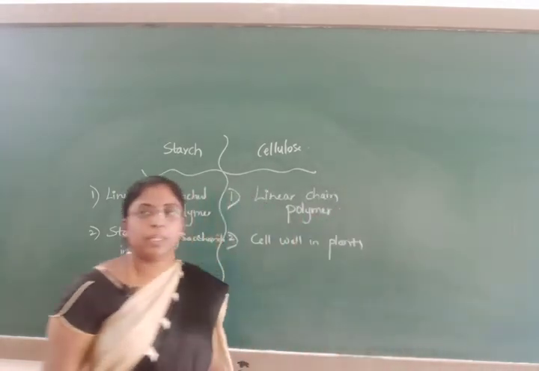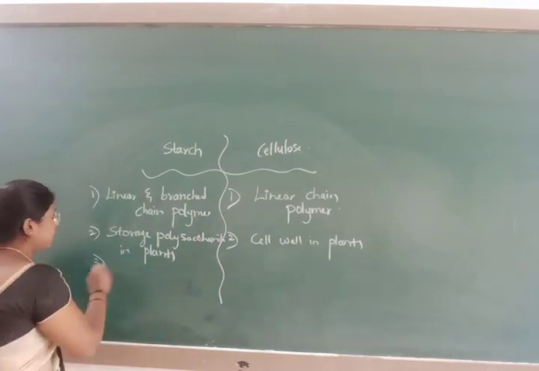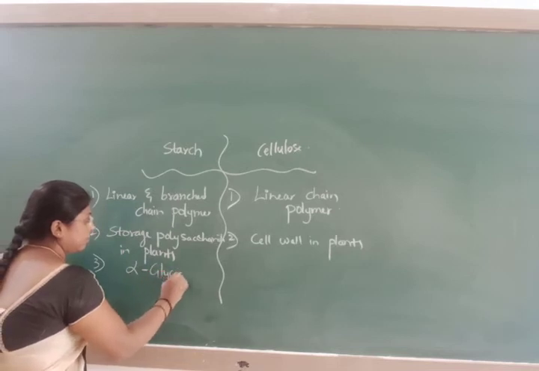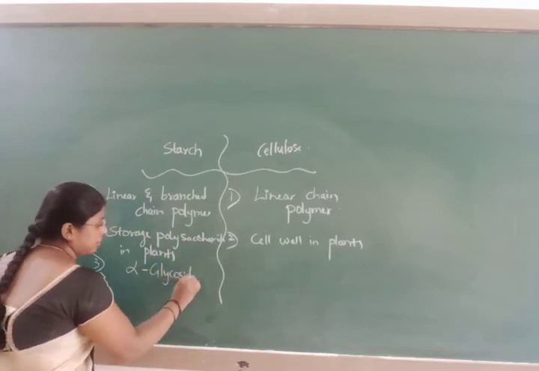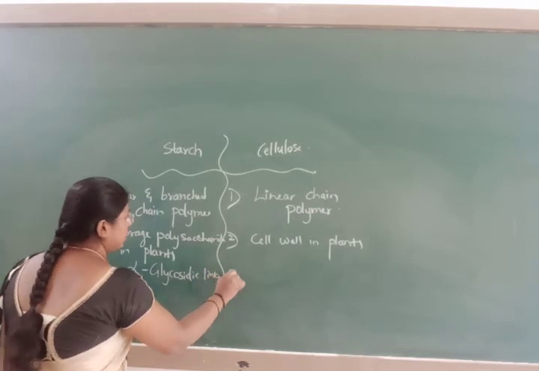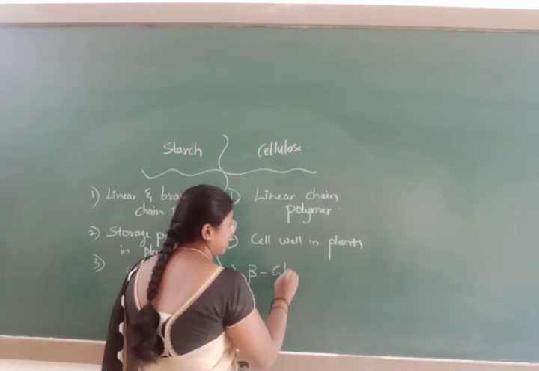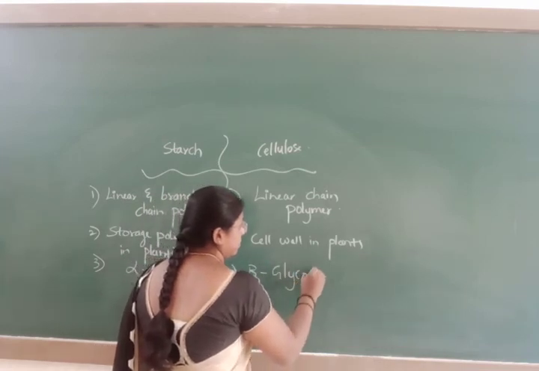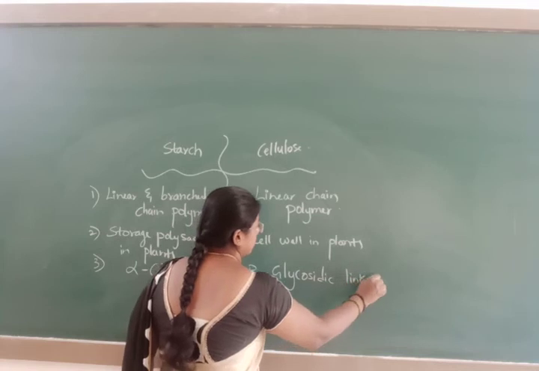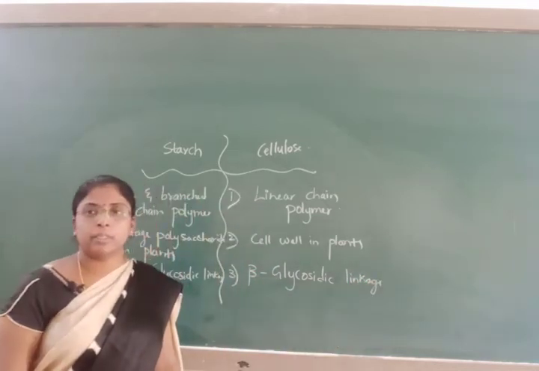What type of linkage is seen in the case of starch? Alpha glycosidic linkage. Whereas in the case of cellulose it is beta glycosidic linkage. Where does the linkage take place?